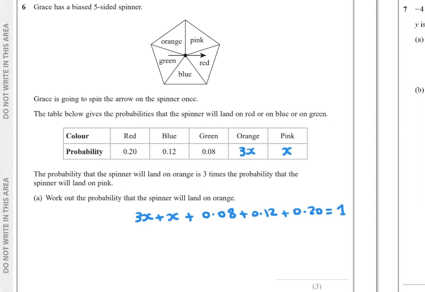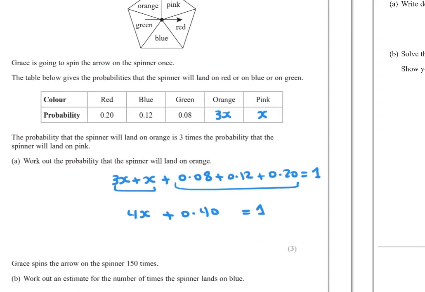Now solve for x, so 3x plus x is 4x, and adding all the numbers, 4x plus 0.40 equals 1. Now 4x equals 0.60. Divide by 4, so x equals 0.15. I need the probability for orange, so 3 times 0.15, so 0.45.